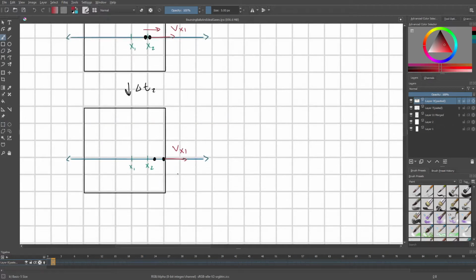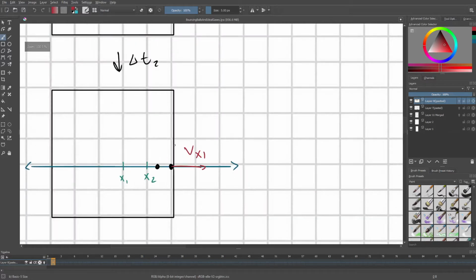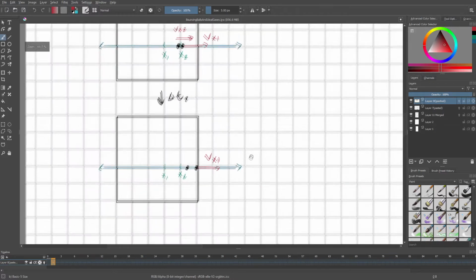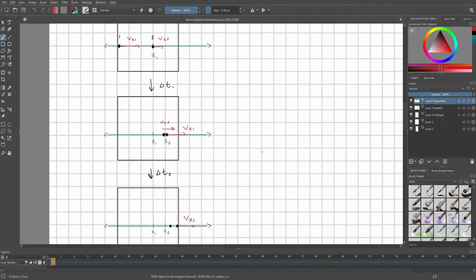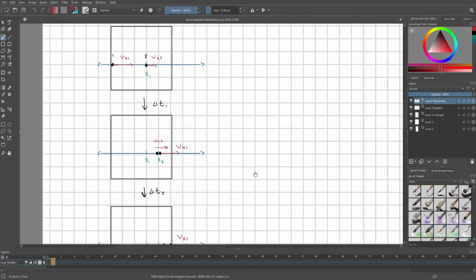And so for our last picture, our ball on the right, particle 2, has gone in and slammed into the right wall with a speed vx1. All right. And now our goal is to find the change in time for this entire process.